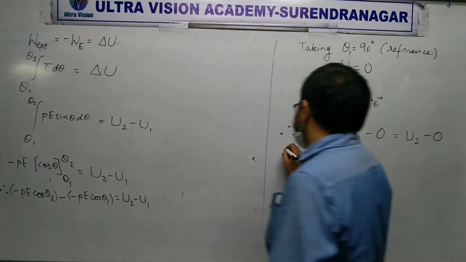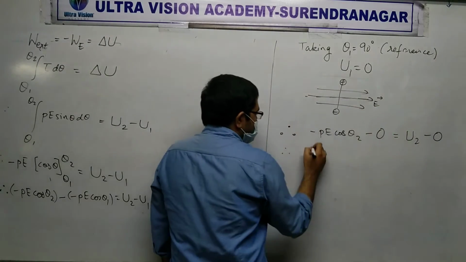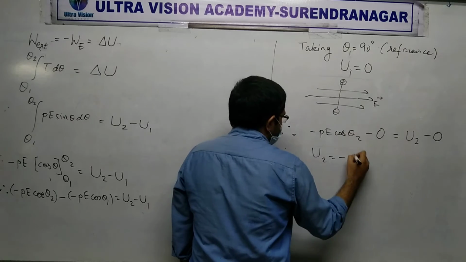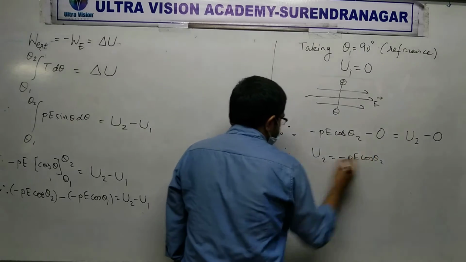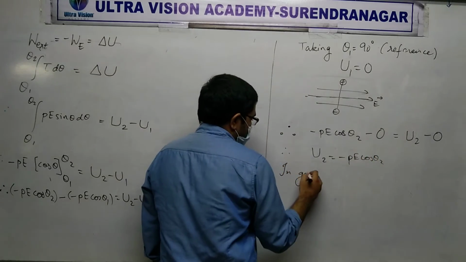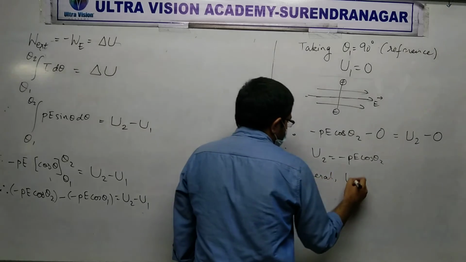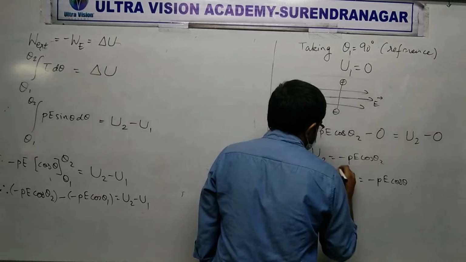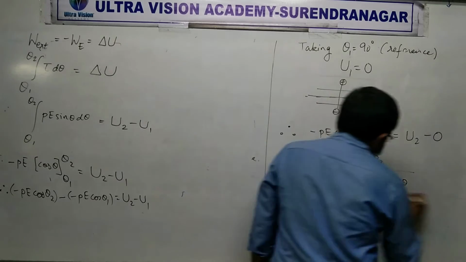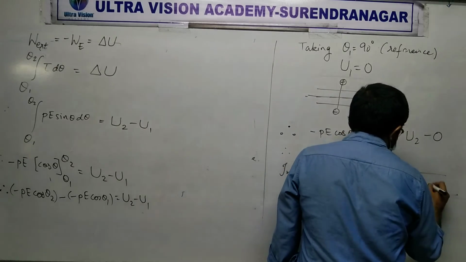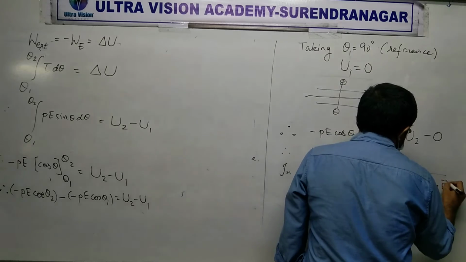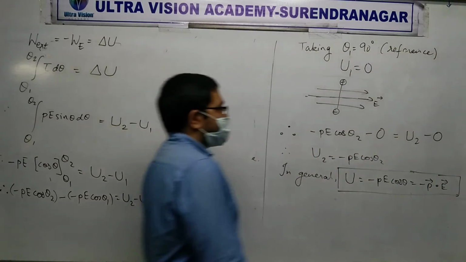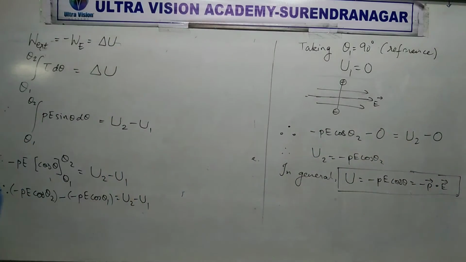That would give U2 equal to minus PE cos theta 2, or in general, U is equal to minus PE cos theta. We write it in one more form: minus P vector dot E vector.